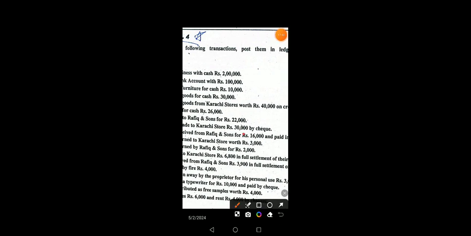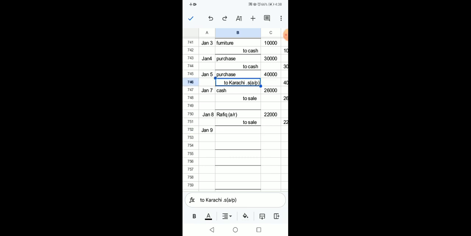In what shape you are paying? Payment made to Karachi store by check. No matter whatever the source is, but you are paying. Account payable Karachi was your liability. You are now paying. It means he is no more your account payable, no more your liability. Decrease in liability should be mentioned on debit side.